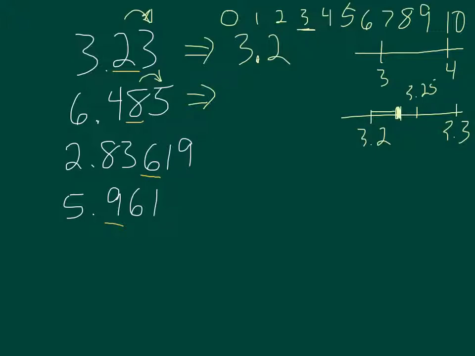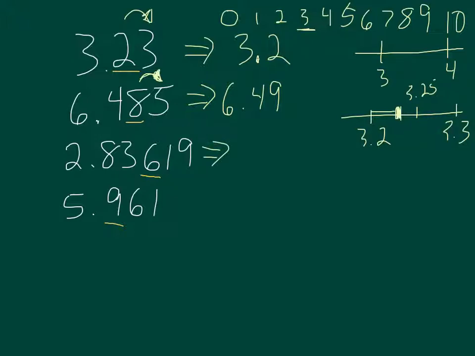So 6.485 will actually round to 6.49 because the digit to the right of the 8 is a 5, and if it's 5 or greater, you round up. So the 8 goes up to a 9. If it was less than 5, if it was 6.484, you would round down, so it would stay an 8. But in this case, since it's 5 or greater, you round up.